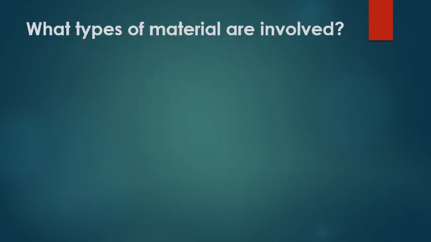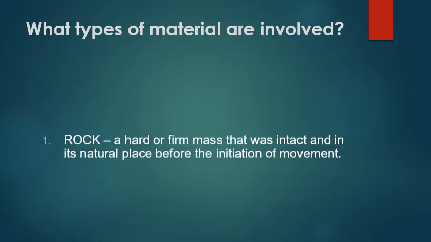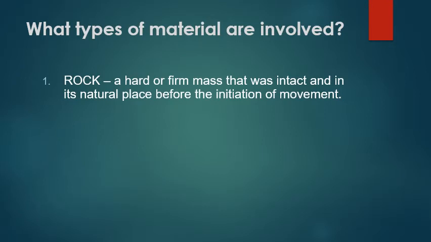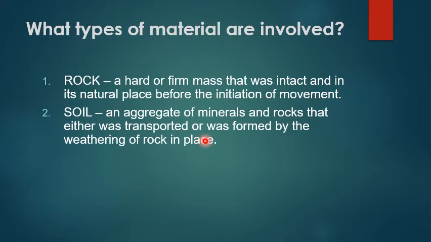What are the types of material involved? Could be rock, which is a firm mass that was intact in its natural place before the initiation of movement.